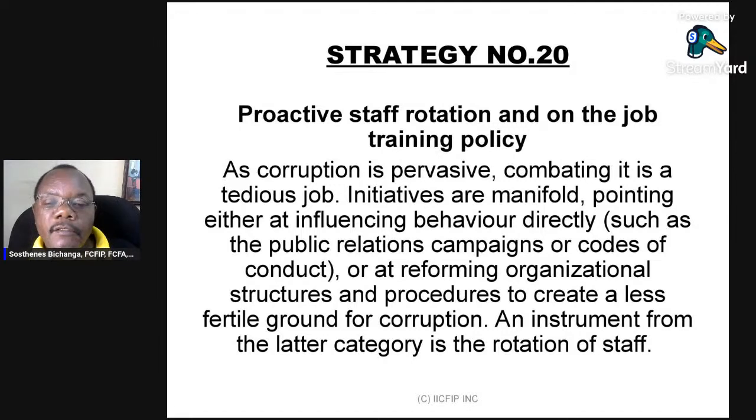This is the end of my discussion on strategy number 20. This discussion is the last lesson on the anti-fraud and corruption strategies.